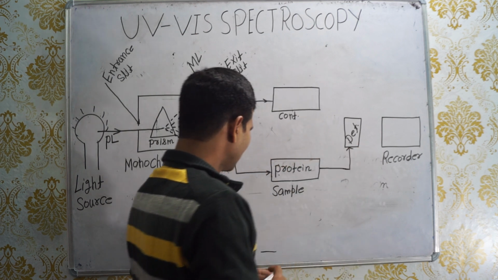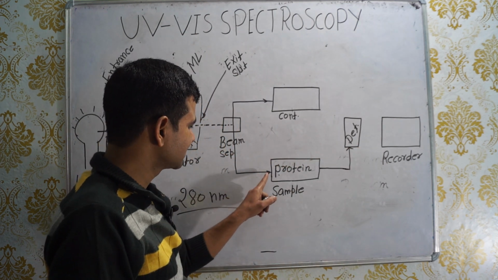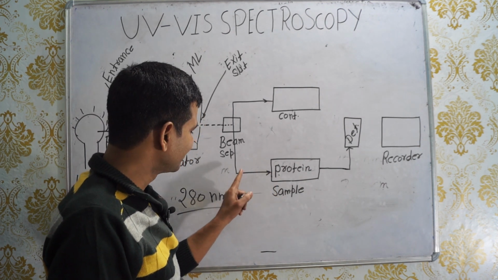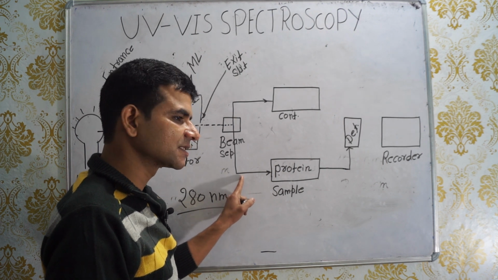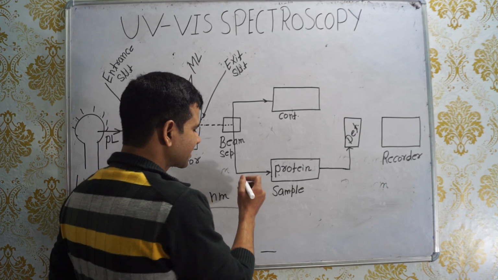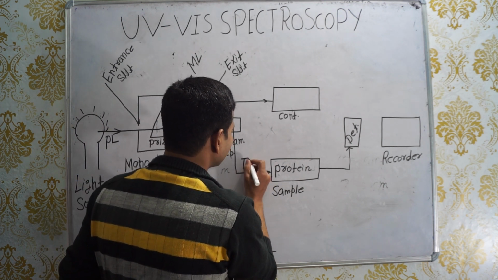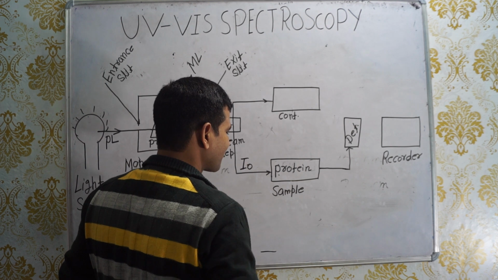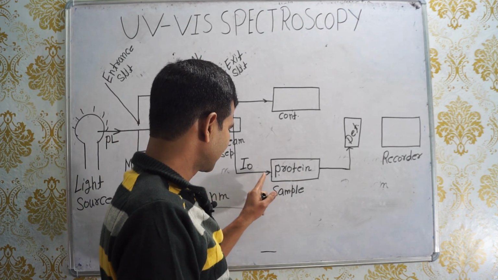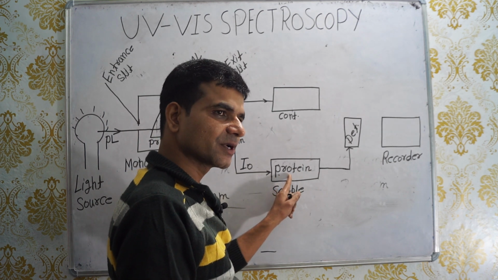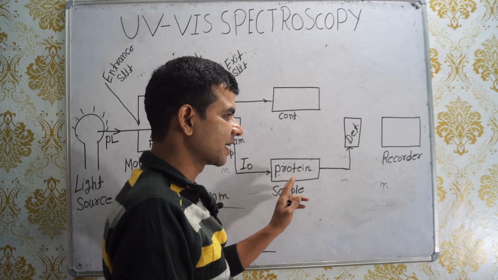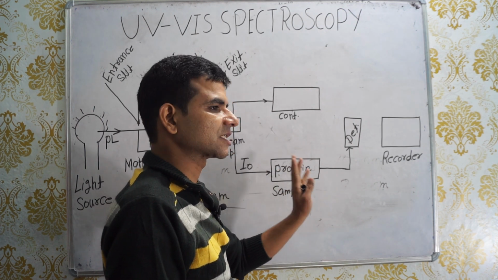Here this part of light is falling on the sample, therefore we can say this part of light is the incident light, and we are supposing that the intensity of incident light is I naught. When this light has entered inside the sample, some part of the light has been absorbed by the protein and some part has been transmitted.